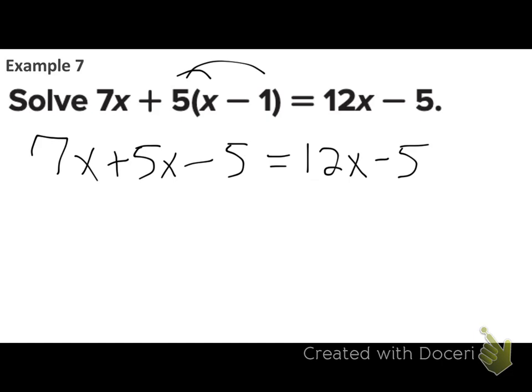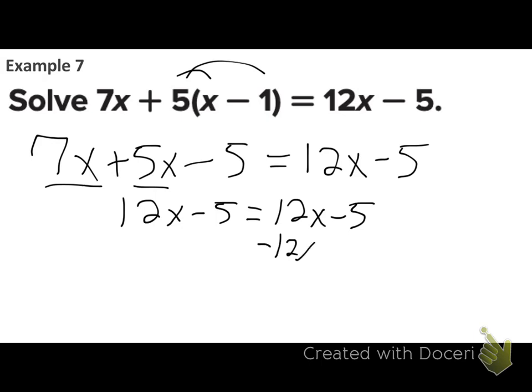Yes. I've got like terms. 7x plus 5x. 12x. Can I simplify the left anymore? No. Can I simplify the right anymore? No. So, after I simplify both sides of the equation, what can I do?